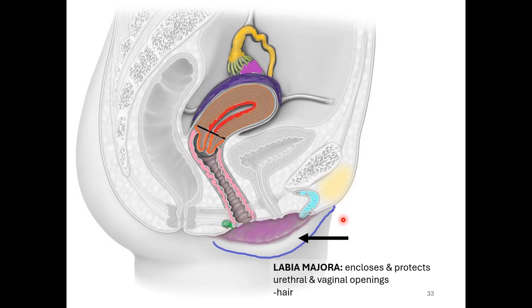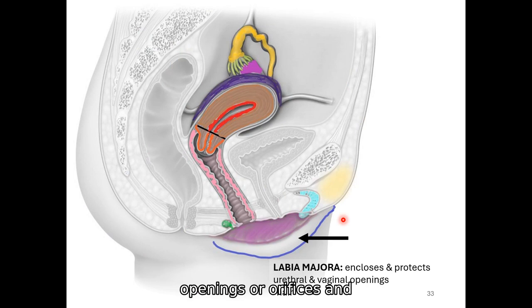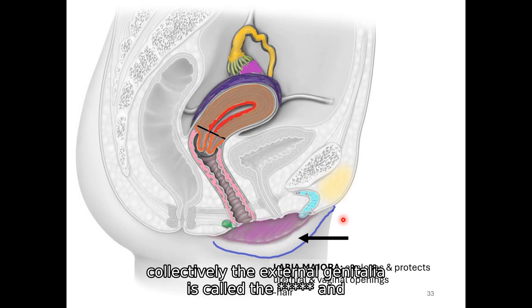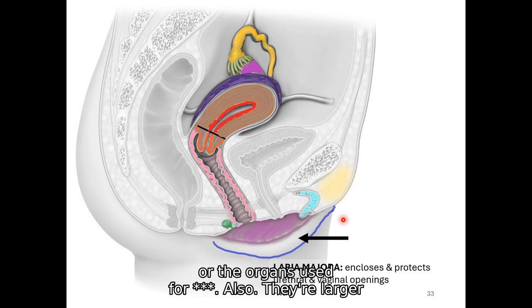And then labia majora. So labia majora encloses and protects the urethral and the vaginal openings or orifices. And collectively, the external genitalia is called the vulva, and along with the vagina is the copulatory organ, or the organs used for sex.